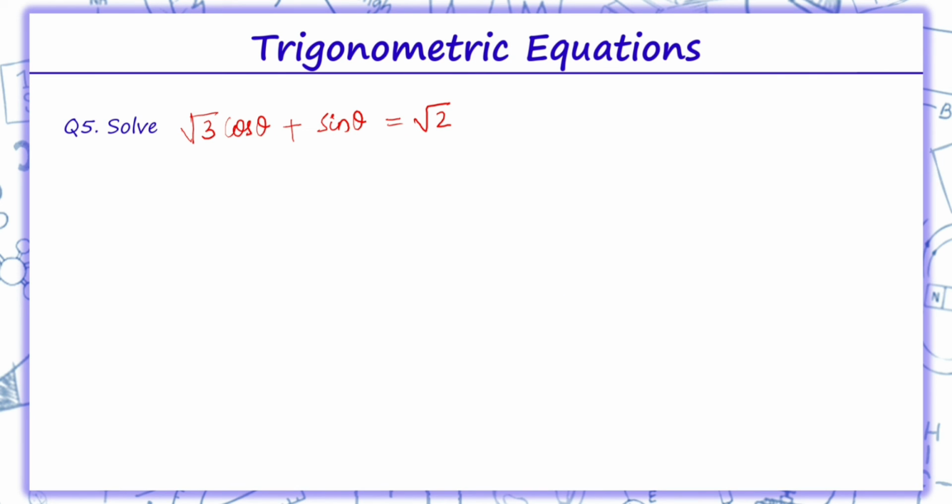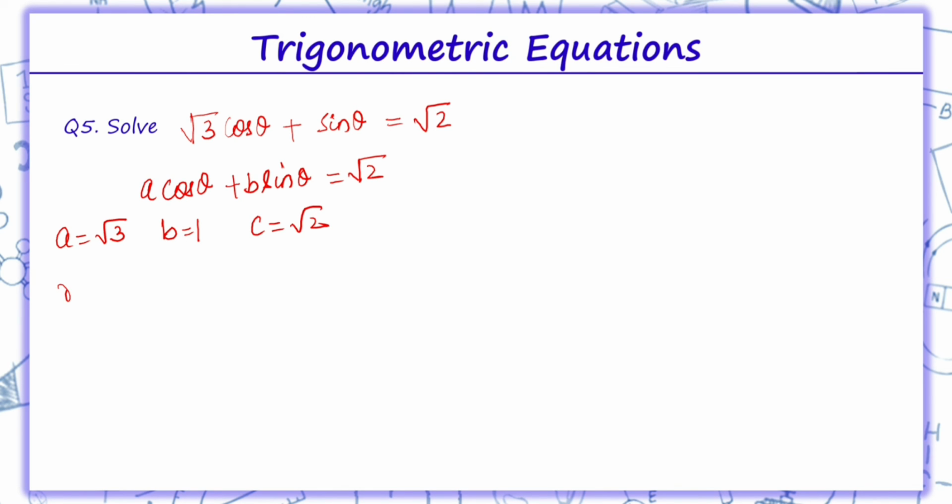Now let's suppose we are provided with the question root 3 cos theta plus sin theta equals root 2. Comparing this equation with a cos theta plus b sin theta equals c, first of all we'll find the value of r. Here a is root 3, b is 1 and c is root 2.